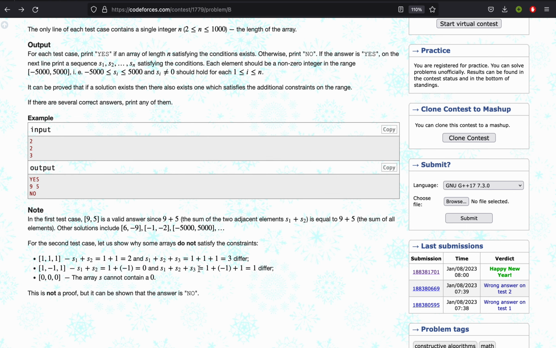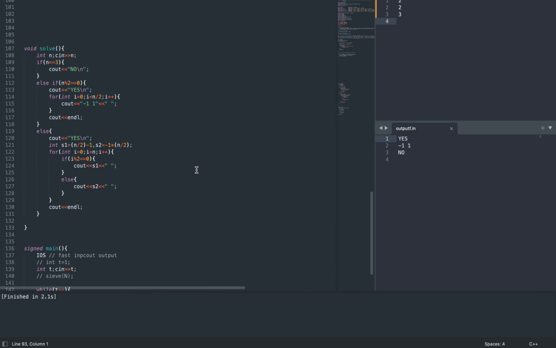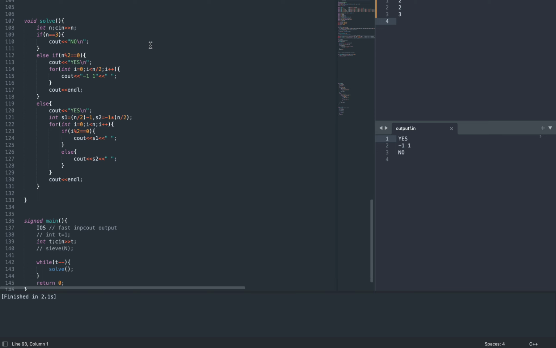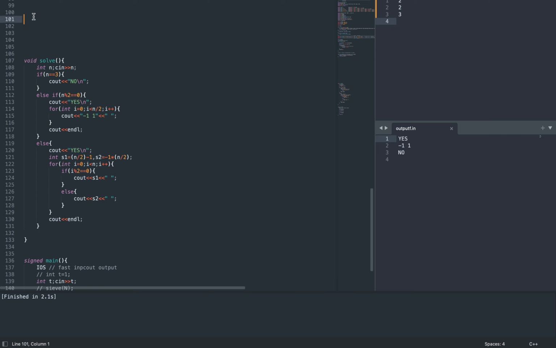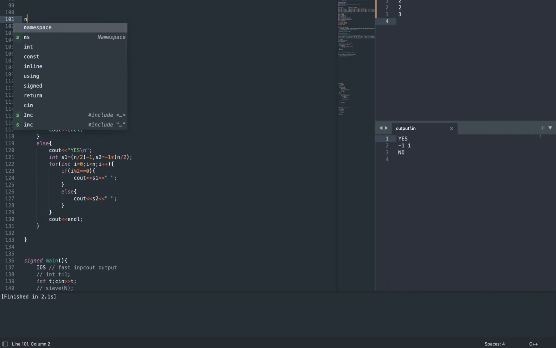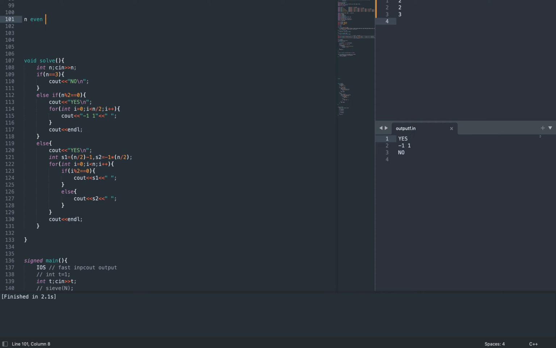The simple idea of this problem is that if n is even, then we have no problem.